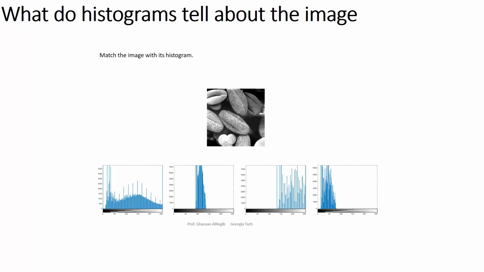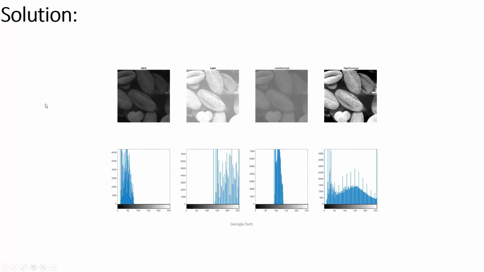Now if we spread the intensity values throughout the spectrum, then it has a high contrast. So for a high contrast image, the histogram will have an equal spread in the gray levels. Now, as you can see in this figure, this image has the best contrast.